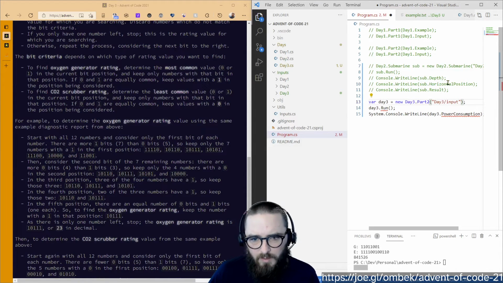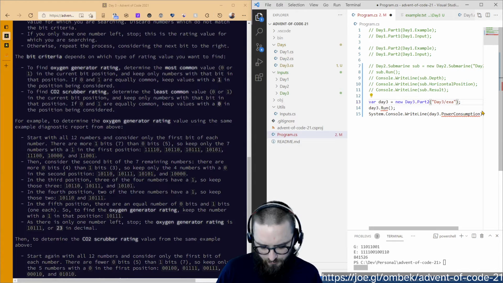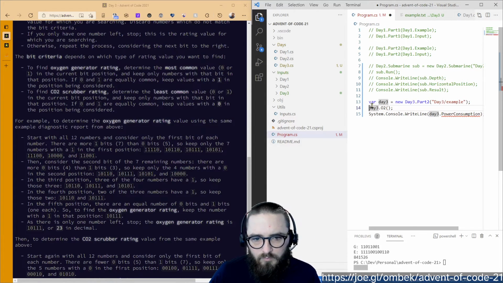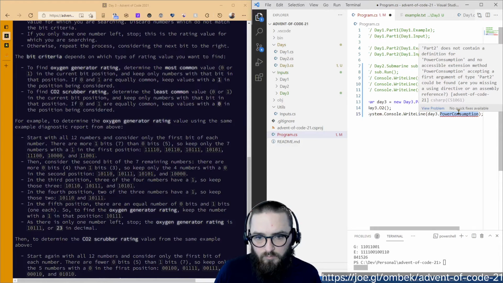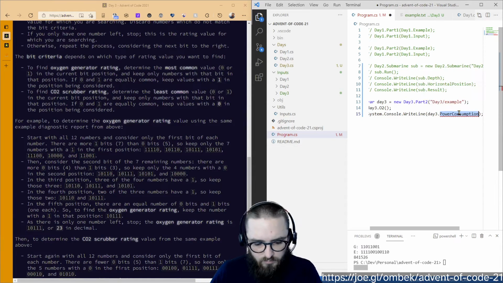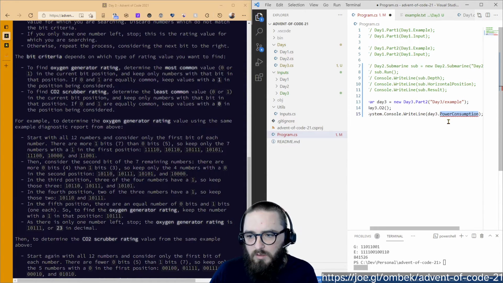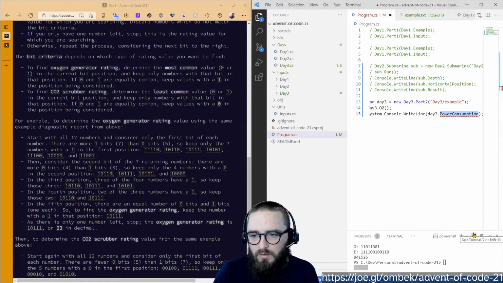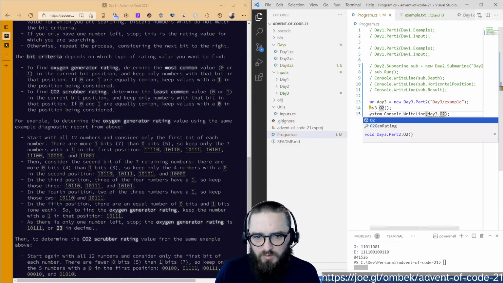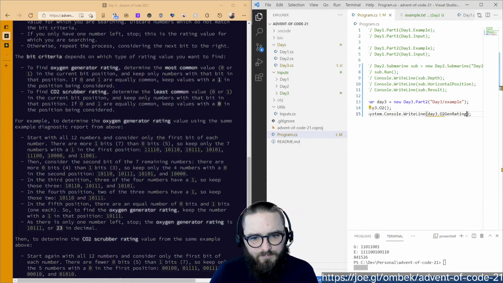I assume the example is the same. The keyboard's just disconnected.